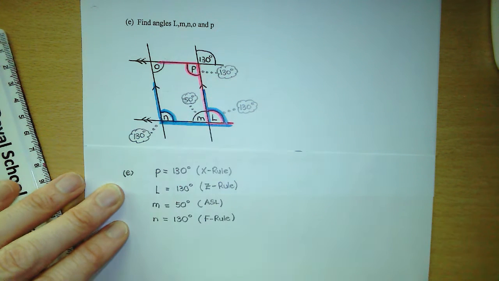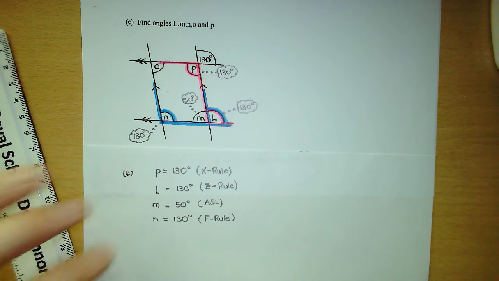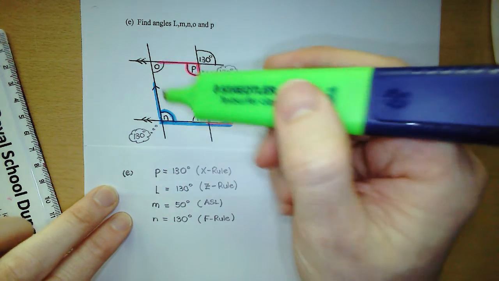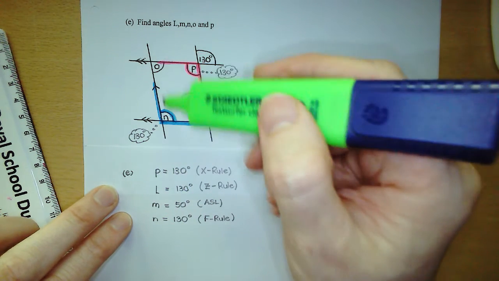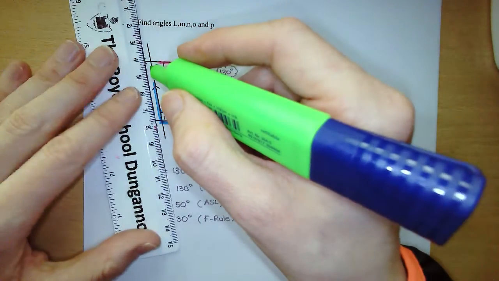So that just leaves angle O. Again, there's different ways we can go about getting O. The way in which I'm going to get O is I am going to use the U rule. And in order to do that, I am going to make angle O and angle N interior angles. So I'm going to trace over the line that joins them.